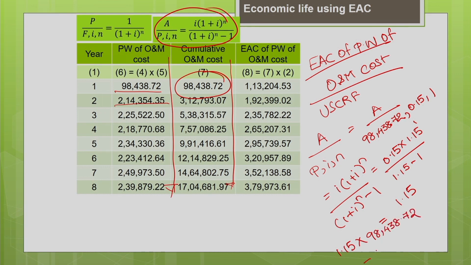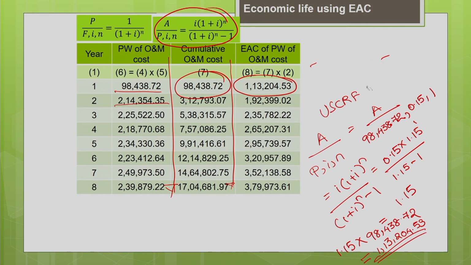That gives me the equivalent annual cost of the present value of operating and maintenance cost as 1,13,204.53. So, this is the equivalent annual cost of the present worth of operating and maintenance cost for year 1.